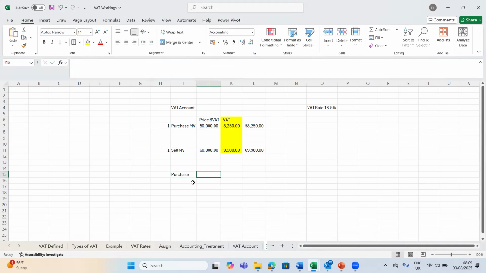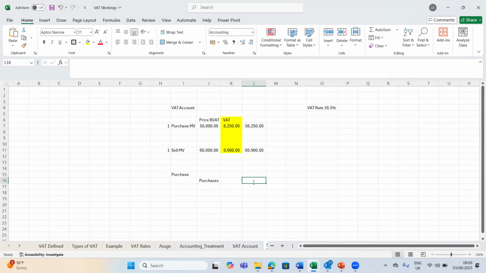what do we debit? Since we're in a trading business, we'll debit purchases, right? And with how much?